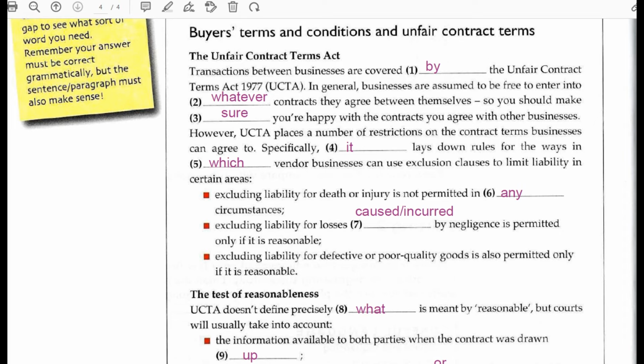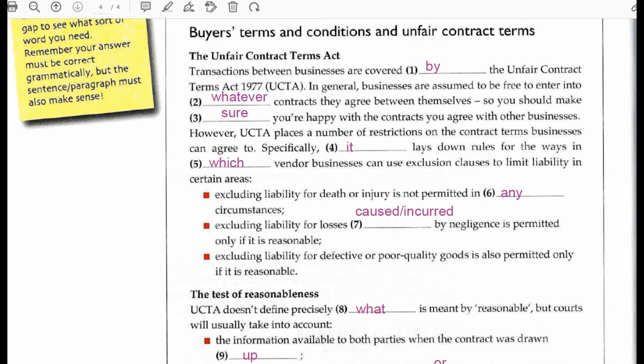Specifically, it lays down rules for the ways in which vendor businesses can use exclusion clauses to limit liability in certain areas, such as excluding liability for death or injury is not permitted in any circumstances. That's our expression, in any circumstances.